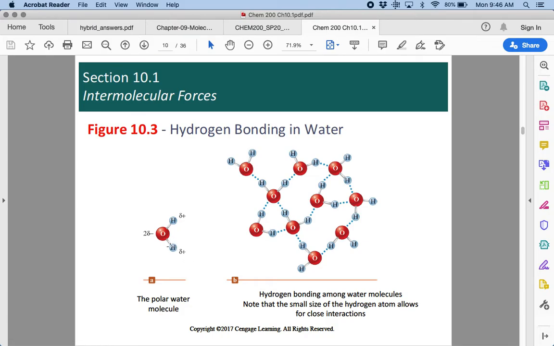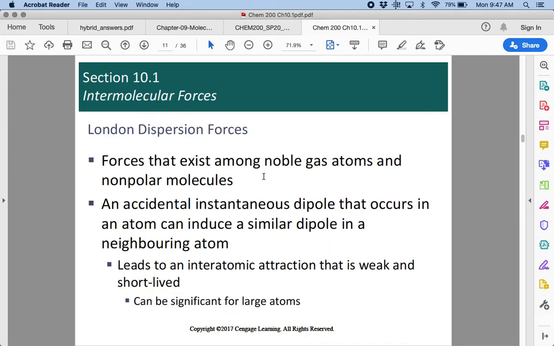So when we look at this, we go, okay, I know it's a polar molecule, so it's going to have dipole-dipole interactions. But when I look at it, I go, oh, the hydrogen is bound to an oxygen. This is also going to have hydrogen bonding interactions. And because there's two of them, it's going to have the capability of having two hydrogen bonding interactions. And so what ends up happening is it's kind of like a special, stronger dipole-dipole interaction.